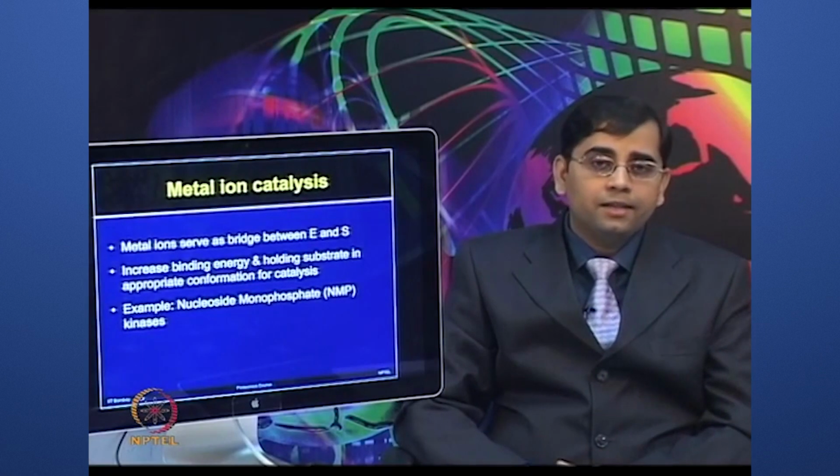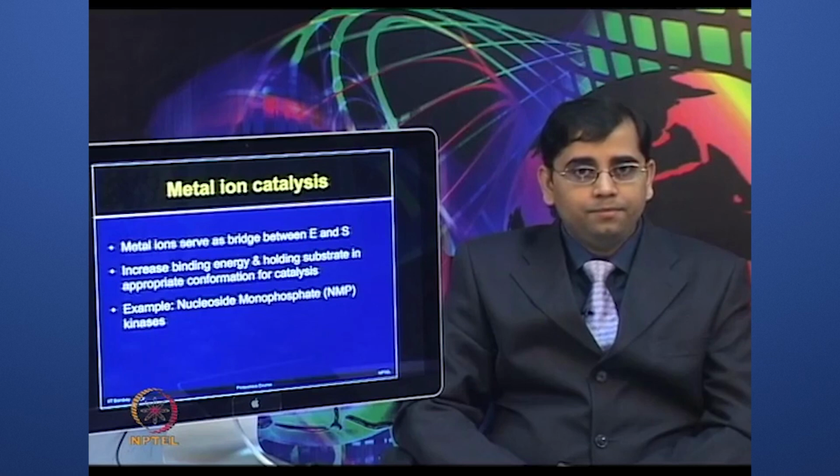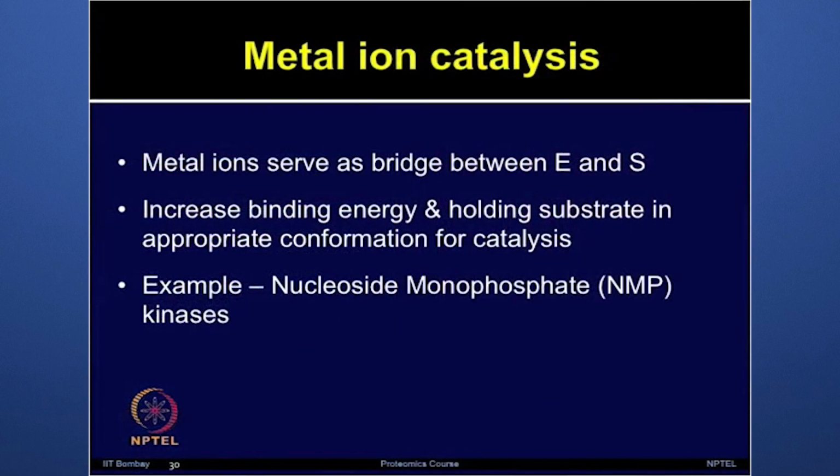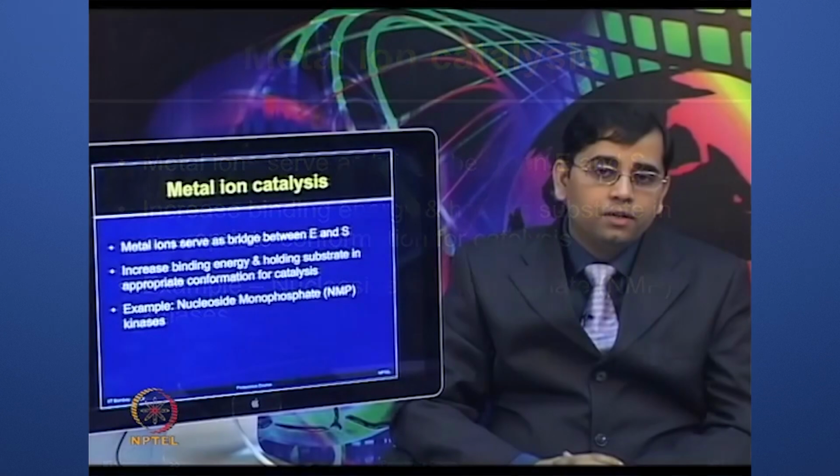The third strategy is metal ion catalysis. The metal ions serve as a bridge between enzyme and substrate. They increase binding energy and hold the substrate in the appropriate conformation which is required for catalysis. Let us take the example of nucleoside monophosphate kinase, NMP kinase.